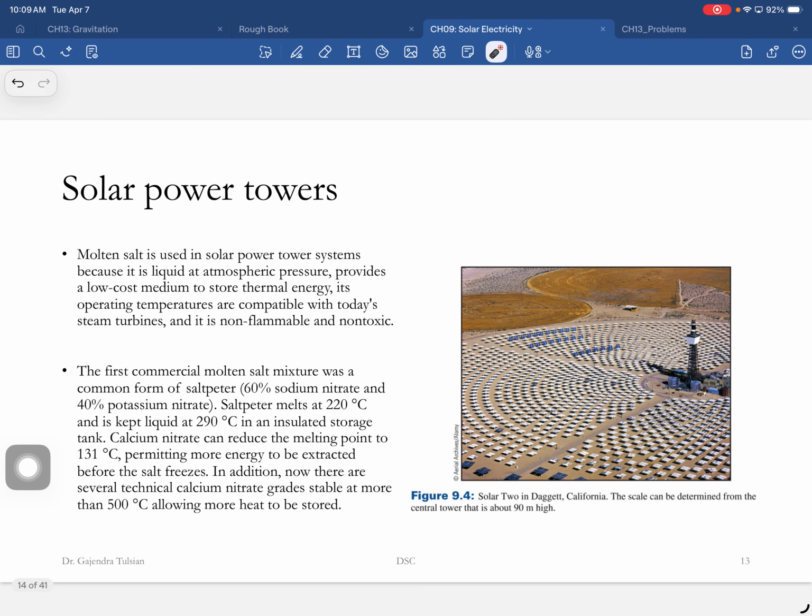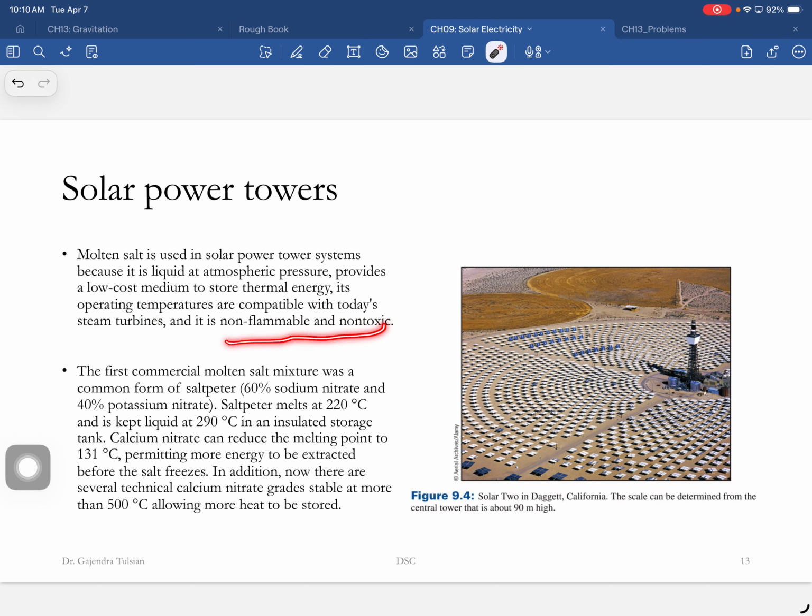The first commercial molten salt mixture was a common form of saltpeter, 60% sodium nitrate and 40% potassium nitrate. Saltpeter melts at 220 degrees Celsius and is kept liquid at 290 degrees Celsius in an insulated storage tank.